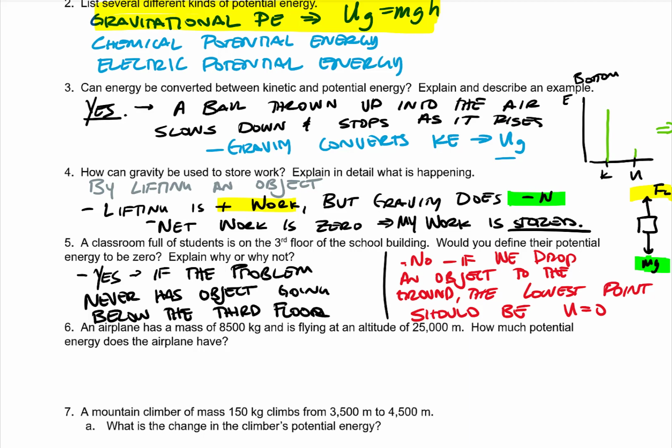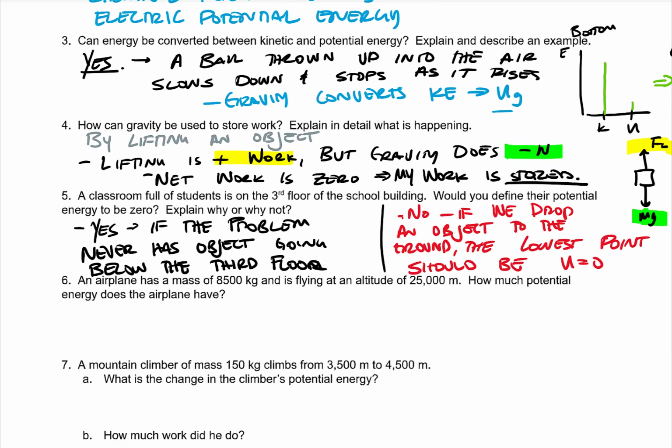It doesn't matter where we put potential energy equal to 0. It just needs to be convenient. And convenient is usually to have it at the lowest point that an object's going to travel.